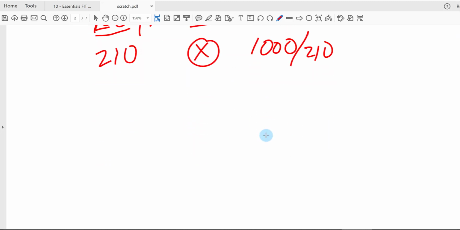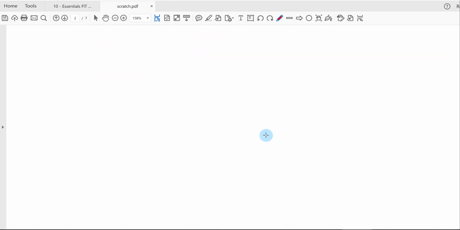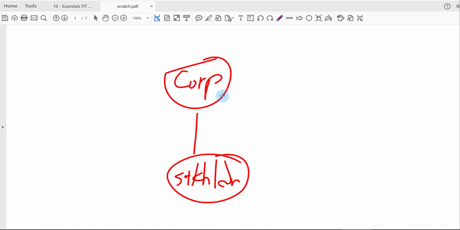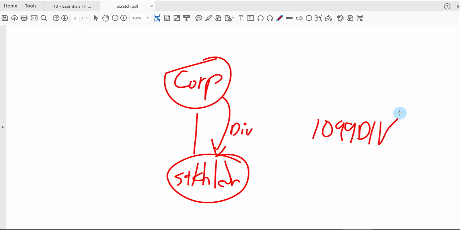Let's talk about reinvested dividends. So here's our corporation, and here is our shareholder, taxpayer, stockholder. And we learned back in chapter 3, the corporation will pay dividends to our shareholder, reported on Form 1099-DIV, taxable dividends.